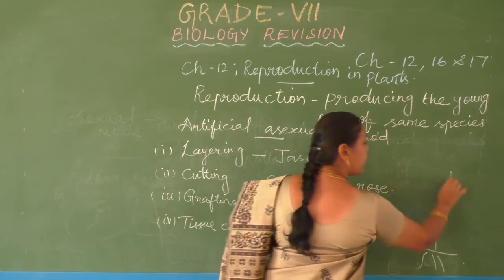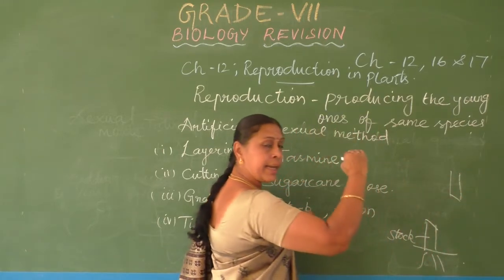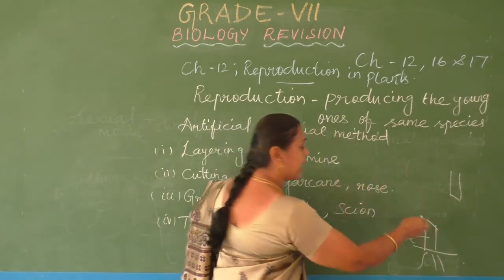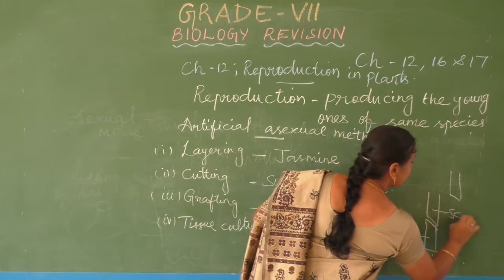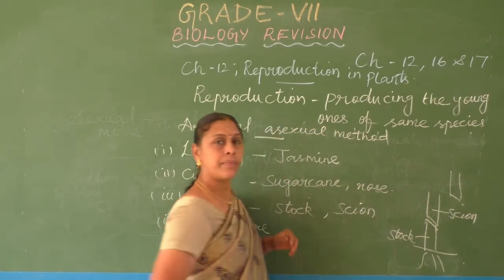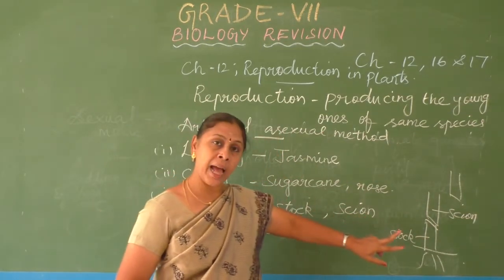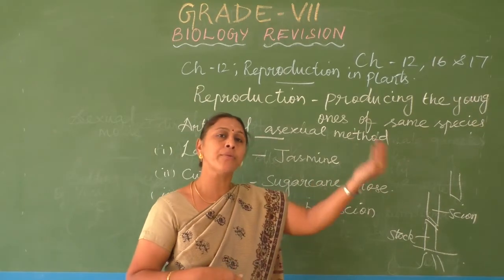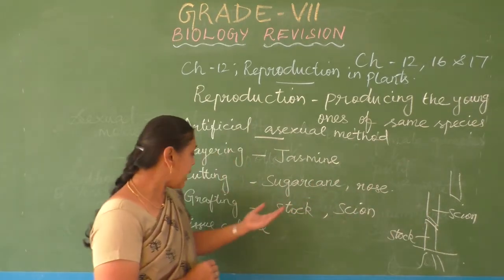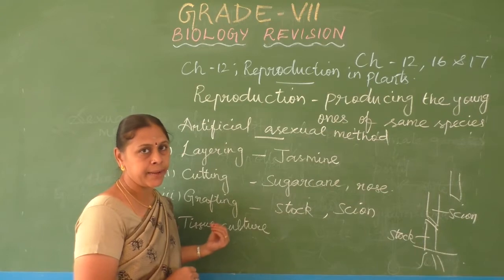Above that, another portion cut from some other plant will be kept at the top. And this is the scion. So two plants of desired varieties will be cut and joined together and a new variety will be produced. That method is called grafting.